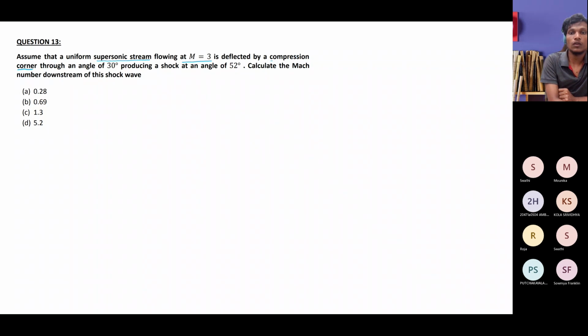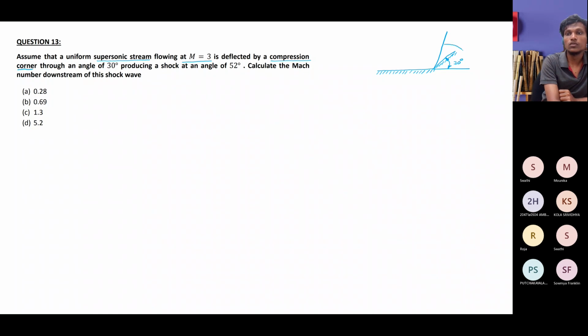We have already seen what a compression corner is at the beginning of this session. So the flow turns into itself because of this compression corner, at an angle of 30 degrees, producing a shock at an angle of 52 degrees.